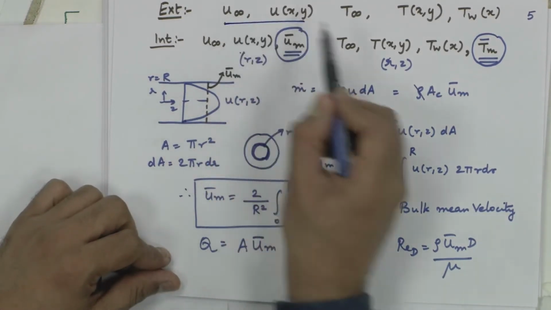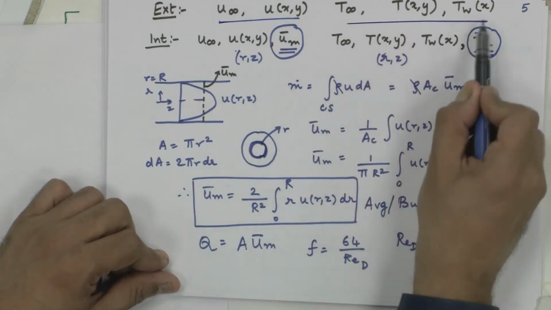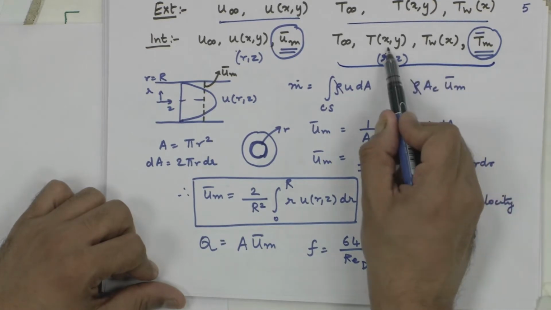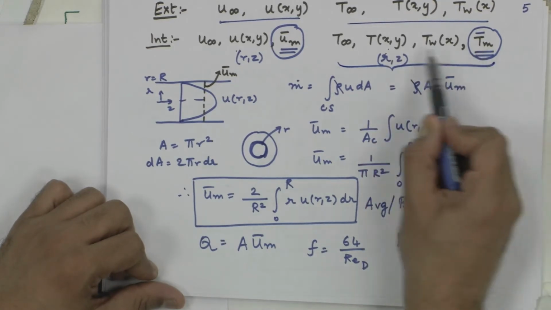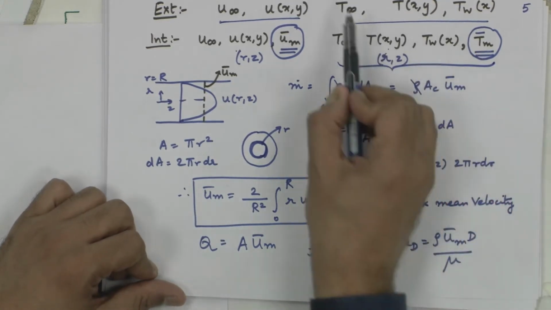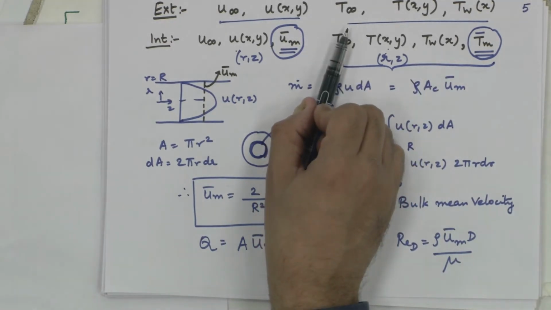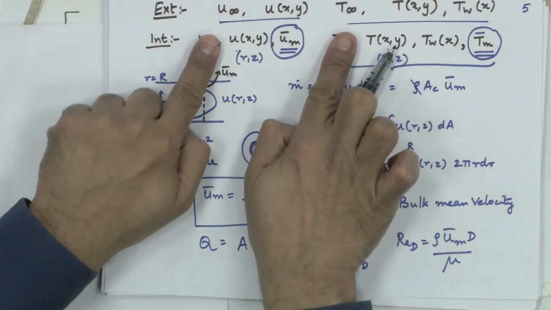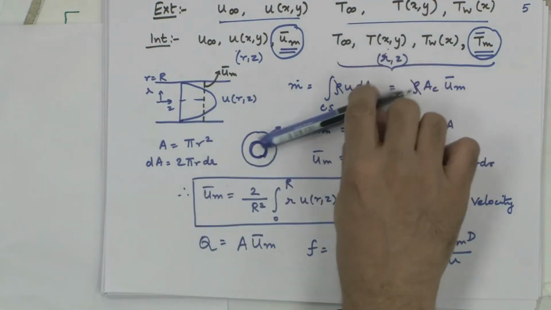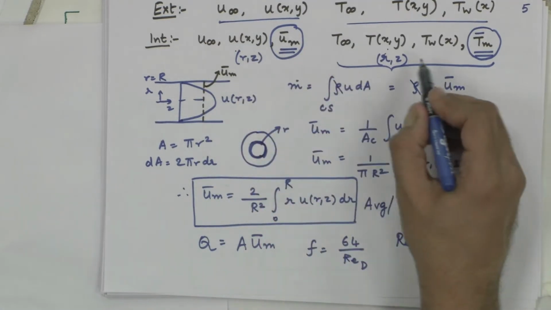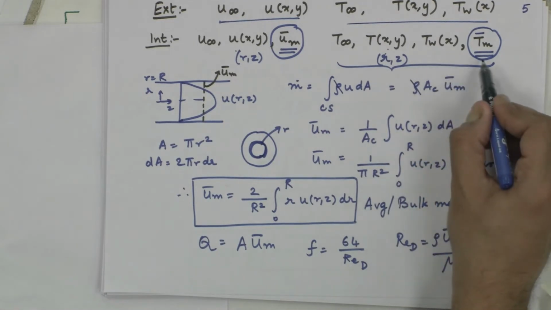Here I have only 2. Here I had 3 for temperature in external flow. I have 4 quantities that I have to take care of: local, average, infinity, wall. Infinity here will not be that important in internal flow. How the fluid came in, what velocity it came in, what is the temperature it came in, these two may not be so important. So, we will be handling u and we will be handling T, Tw and Tm.